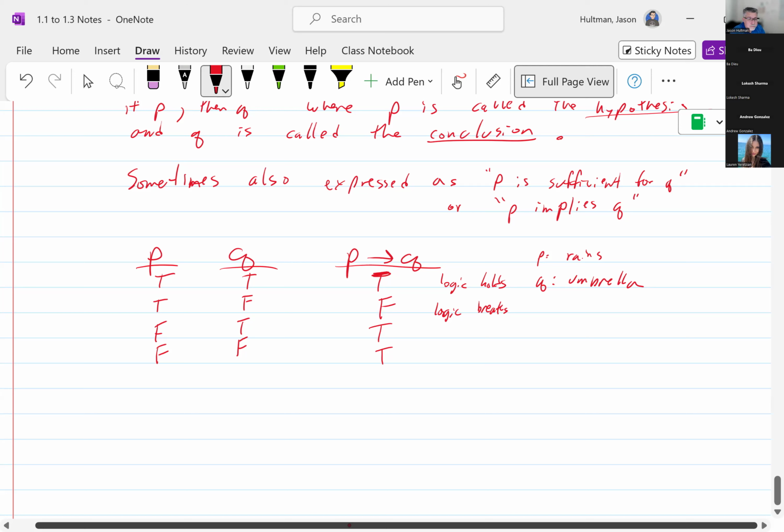It doesn't matter. And so the truth value of that statement is true regardless. If your hypothesis is false, you can have any statement you want, and it would be true. I could carry an umbrella, true. I could not carry an umbrella, true.